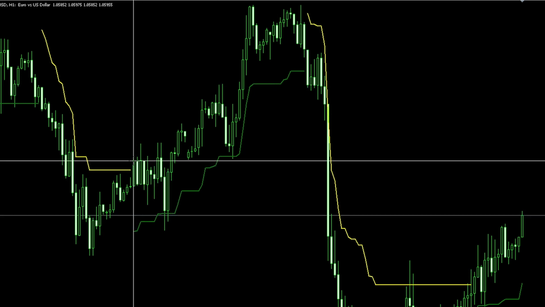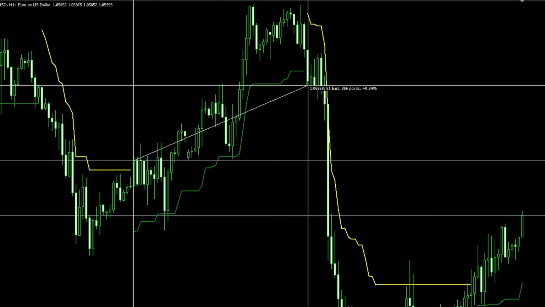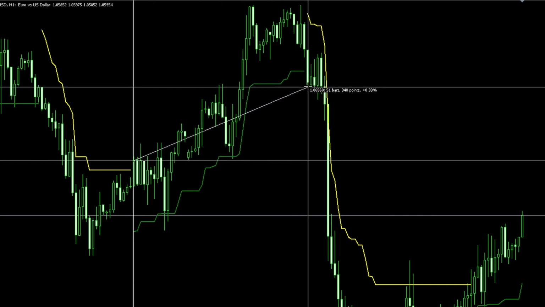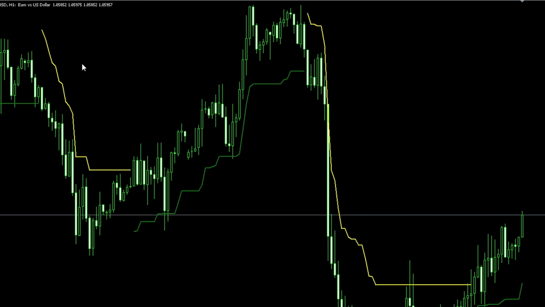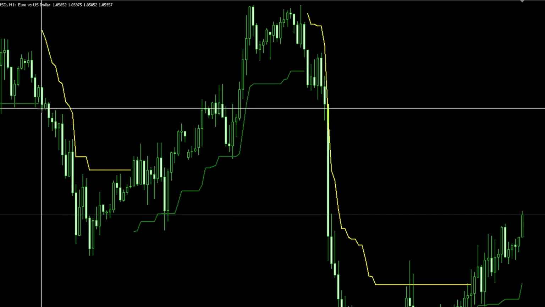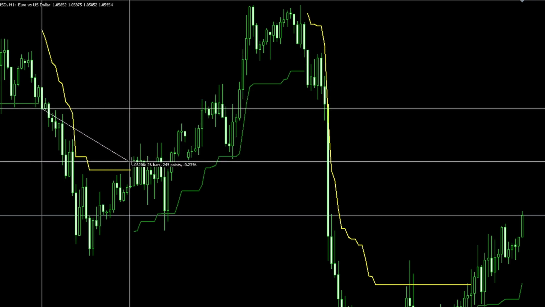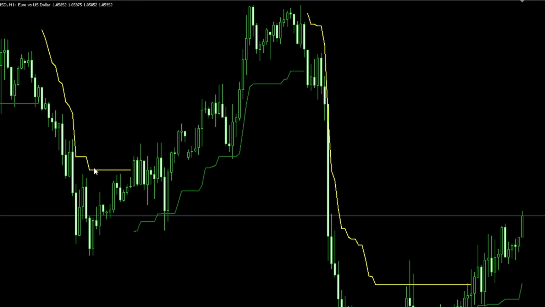This trend, which we just calculated, would have begun there and ended here for 356 points. The trend before that would have entered here and exited here for 245 points. So this is a very good indicator and strategy in a trending market.